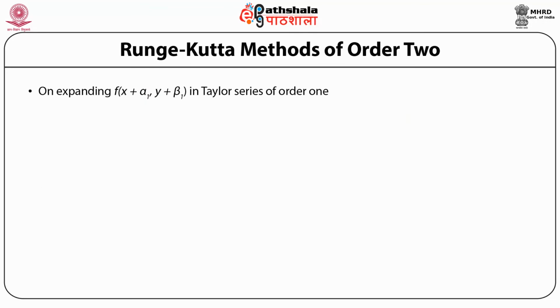On expanding f of x plus alpha 1 and y plus beta 1 in Taylor series of order 1, we can write a1 into f of x plus alpha 1, y plus beta 1 equals a1 into bracket starts f of x,y plus alpha 1 del f by del x plus beta 1 del f by del y plus R1(x,y).